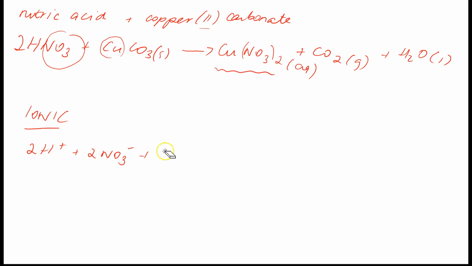The copper carbonate will not separate into its ions because it's a solid, so it will stay as it is. The copper nitrate is aqueous, so it will form its ions, plus CO2 gas plus H2O liquid.